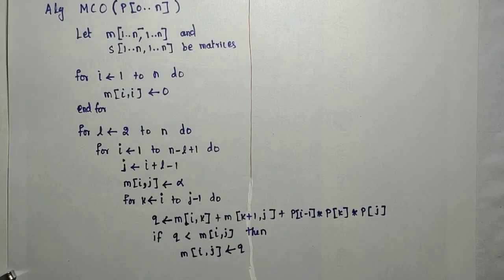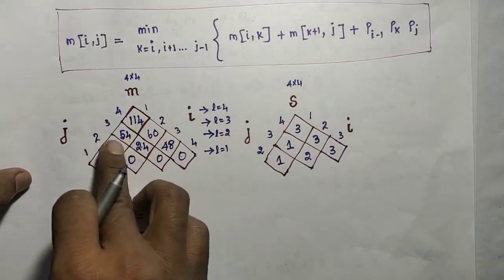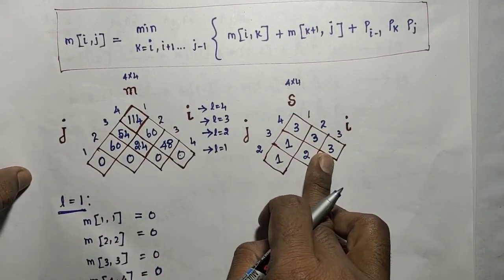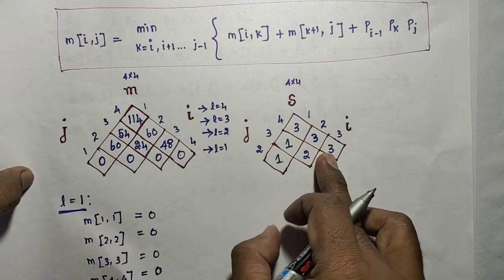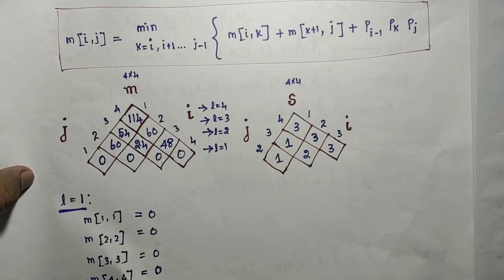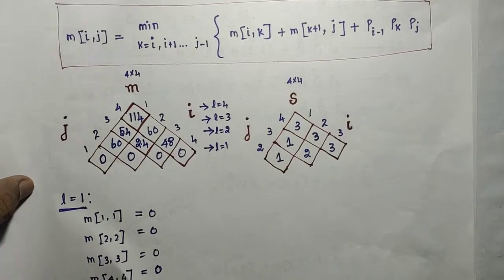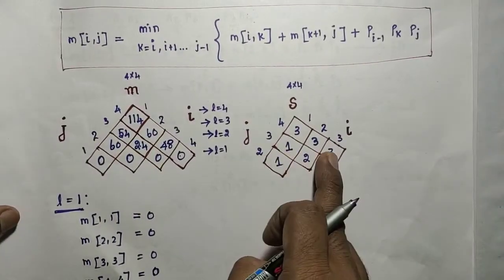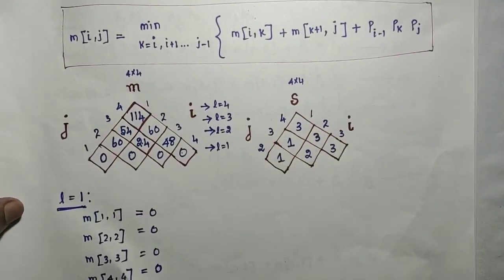While updating m of i comma j, parallelly we need to update the s array also. The s array needs to be filled with the split position. Split position means the k value. So the k value has to be copied into s of i comma j.